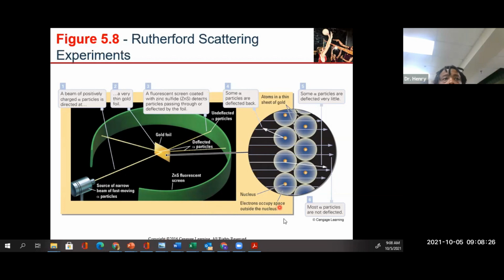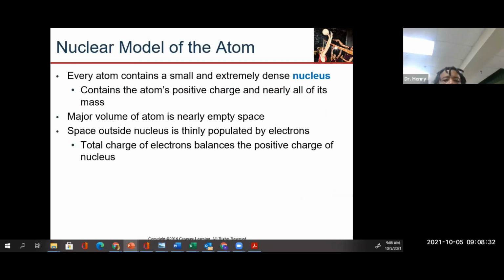Okay, so Rutherford looked at this, and with the help of another scientist, a Japanese scientist, and I can't remember his name, who came along with the same kind of concept around the same time, he discovered that, hey, there's a nucleus.